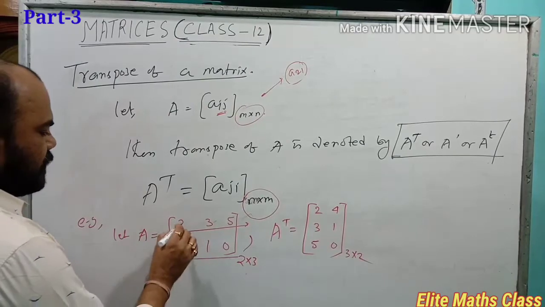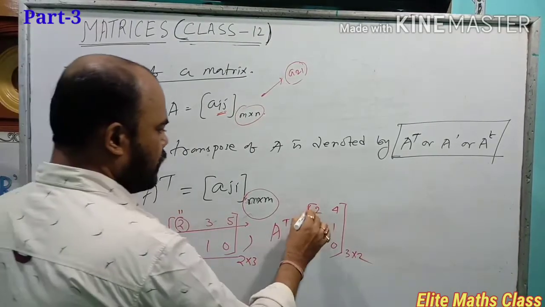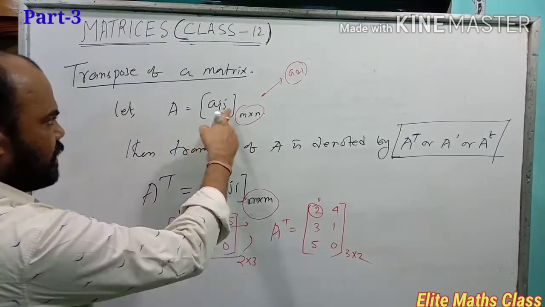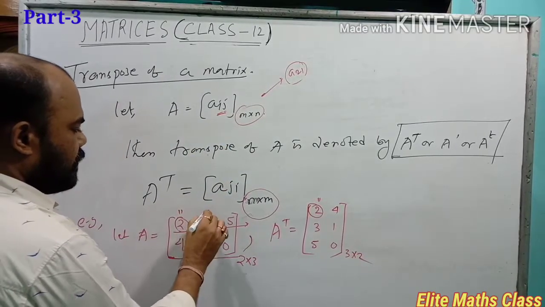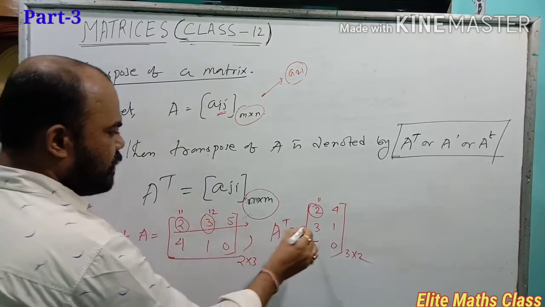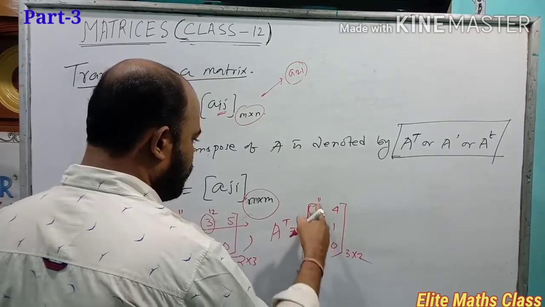Now see, the position of this element is 1 1, and it is at the same position 1 1. For a_ij and a_ji, if i equals j, then it is the same. But here the position of this element is 1 2, that is first row second column. Here this element goes to second row, first column, 2 1.